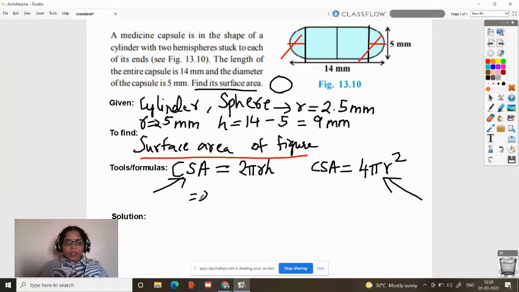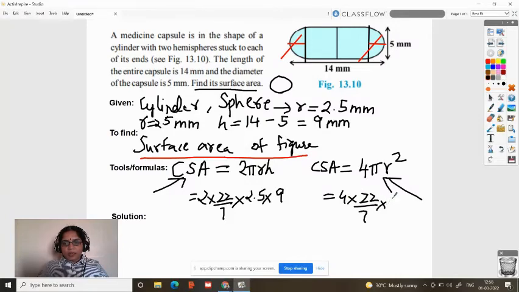So 2 times 22 over 7 times the radius 2.5 times 9. If I do these multiplications, I'm going to get the curved surface area of this. And similarly, 4 times 22 over 7 times 2.5 times 2.5, and then I add them up.